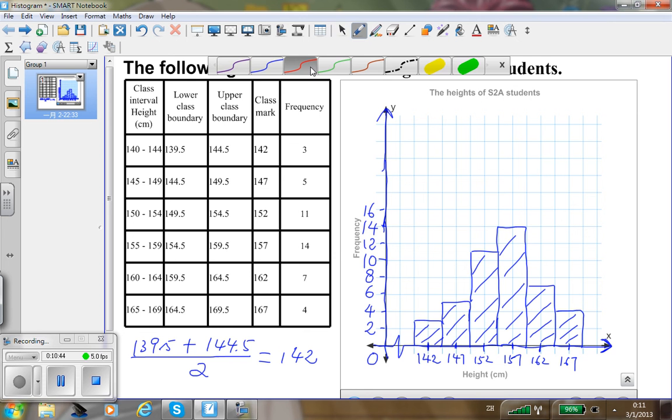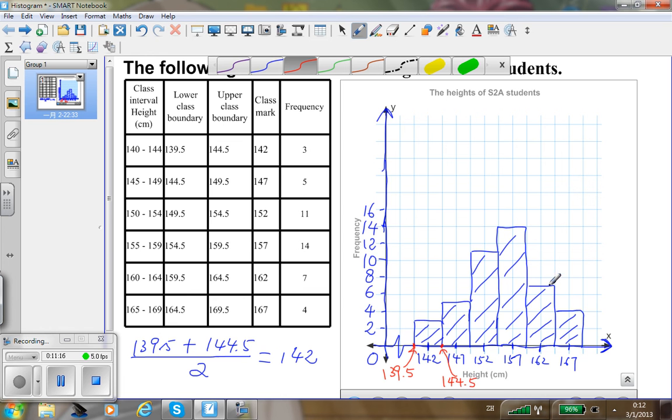Let's take this first one as an example. We start the bar here and go up to here. Actually, this is 139.5, the lower class boundary, and the value for this point is 144.5.